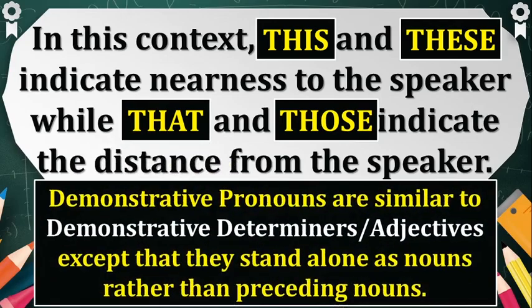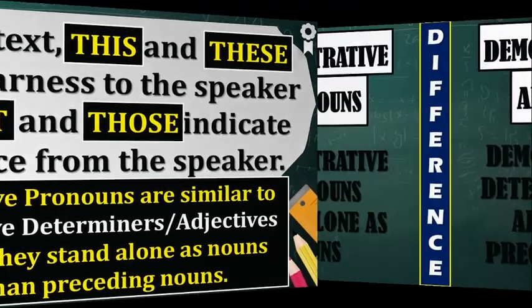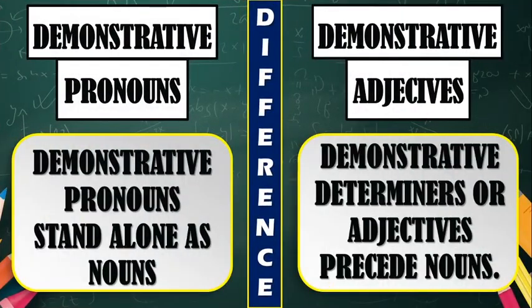Demonstrative pronouns are similar to demonstrative determinants or adjectives, except that they stand alone as nouns rather than preceding nouns. How do you differentiate between demonstrative pronouns and demonstrative adjectives or determinants? The difference is that demonstrative pronouns stand alone as nouns rather than preceding a noun.